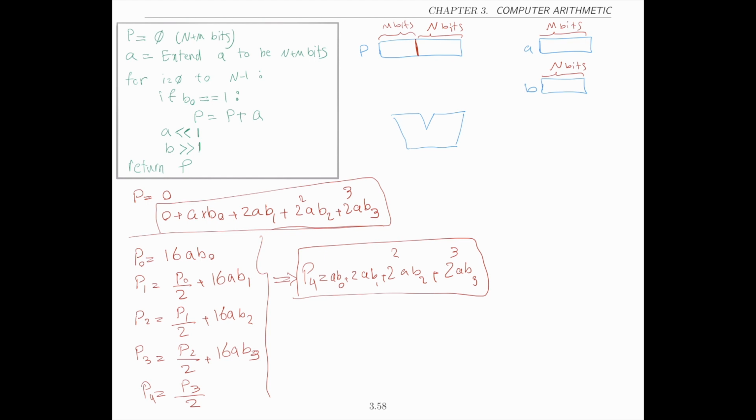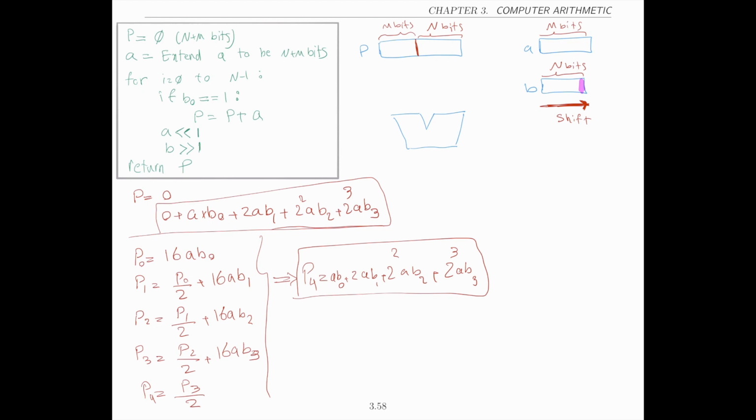So if I keep shifting B to the right in each iteration, all I need to be able to do is take the least significant bit of B, and depending on whether it's 0 or 1, either add A or 0, shift it to the left.